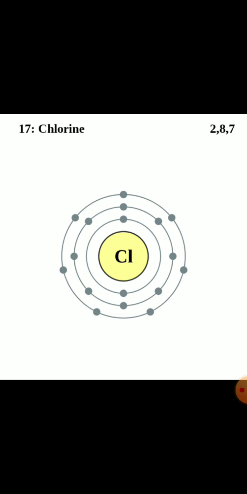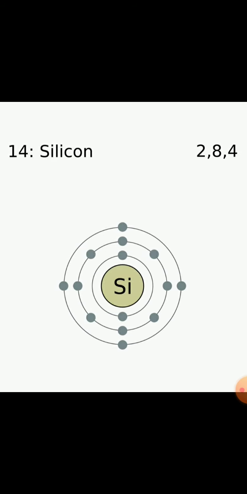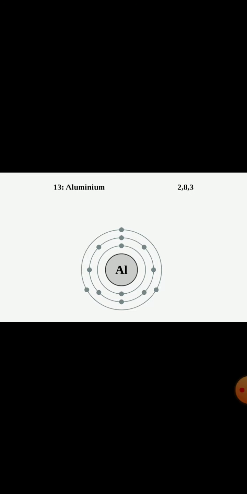So here, by taking the example of period number 3 also, we can see that the elements present in the same period will have a different number of valence electrons. Valence electrons will not be the same, but what will be the same? The number of shells. As we can see, for period 3, 3 shells are present. I am sure by these two examples it is clear to you.